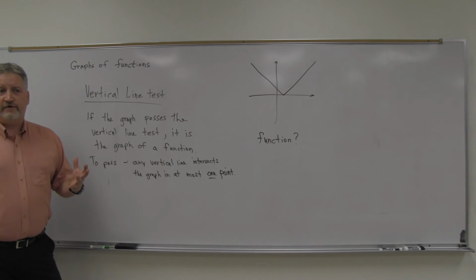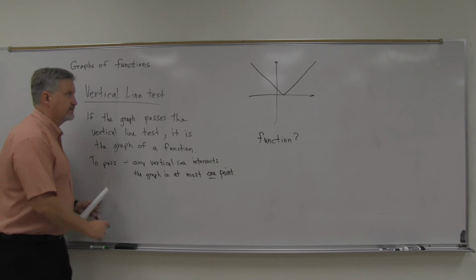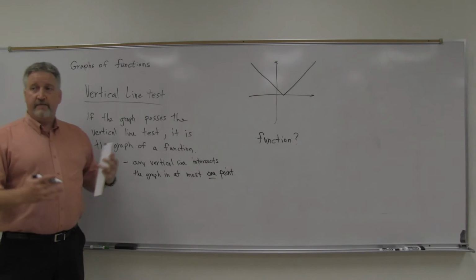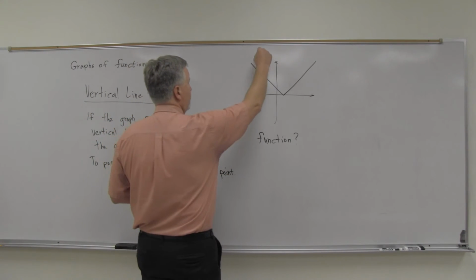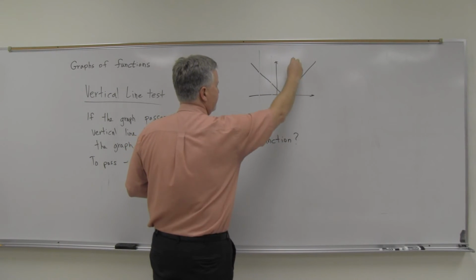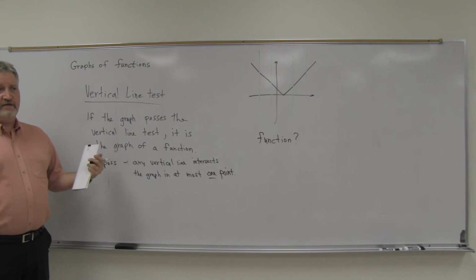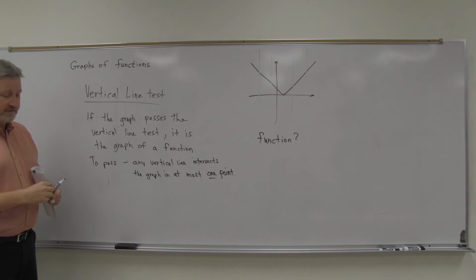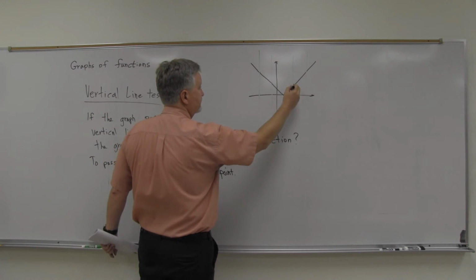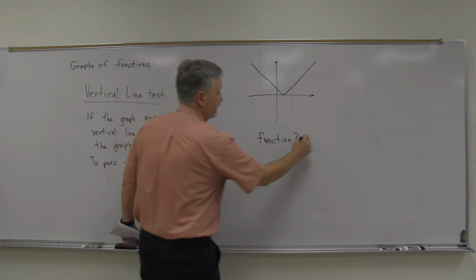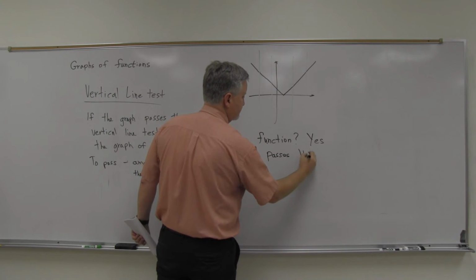We're just going to try the vertical line test here. Does this pass the vertical line test? If we think about drawing vertical lines through that graph, is there any vertical line that I can draw that would hit it in more than one place? No, I don't think so. Any vertical line we draw is just going to hit it in that one point. So yes, this is a function. It passes the vertical line test.